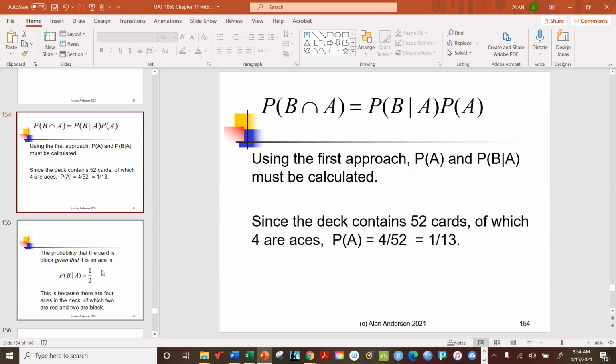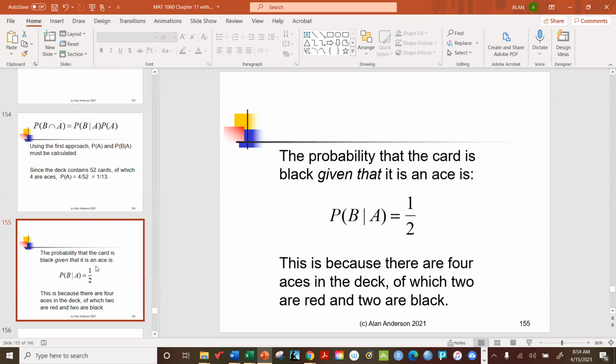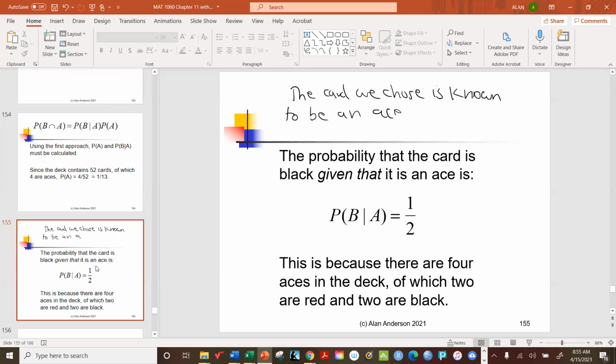So here's how we have to think about it. B given A. Now, what this means is that the card we chose is known to be an ace. Obviously, I'm assuming everyone's familiar with the deck of cards: of the 4 aces, 2 are black and 2 are red.